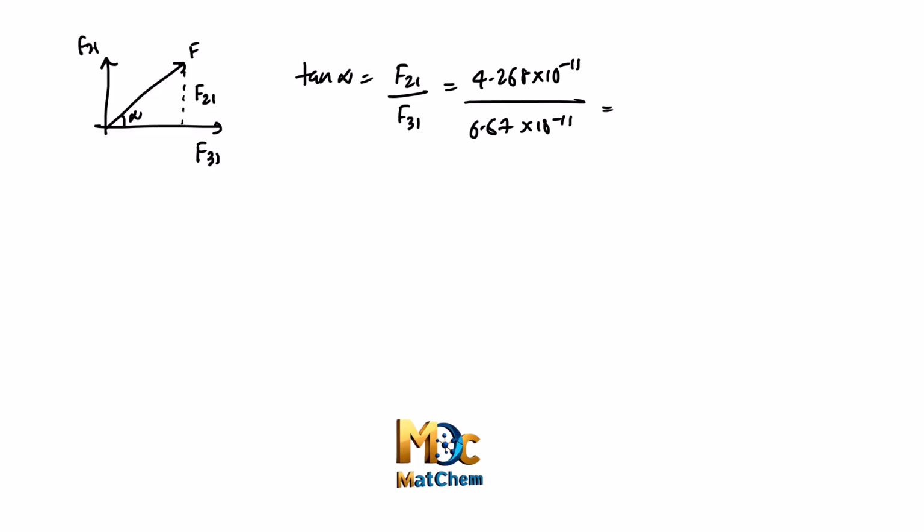Remaining we have 4.268 by 6.67, that will give you 0.639. Therefore, alpha is equal to tan inverse of 0.639, that is equal to 32.6 degree. So we got the angle between the resulting vector and the x-axis. We have calculated the net force acting on the body with mass m1 and the direction in which it is acting.